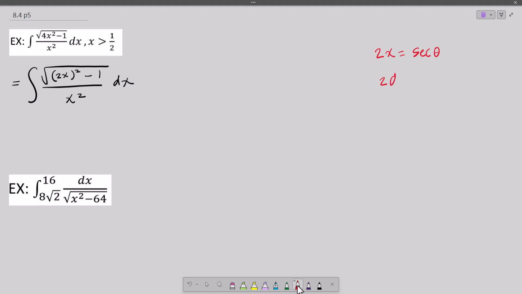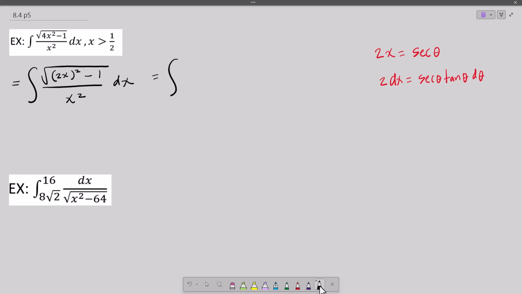If we take the derivative of each side, the derivative of secant is secant times tangent. So we have that. Okay, so 2x is becoming secant.